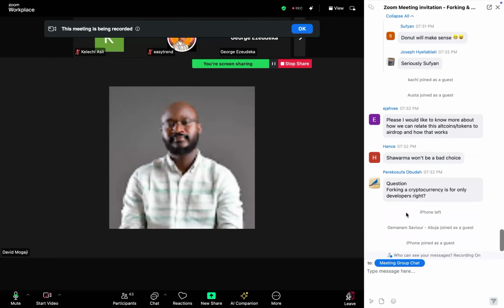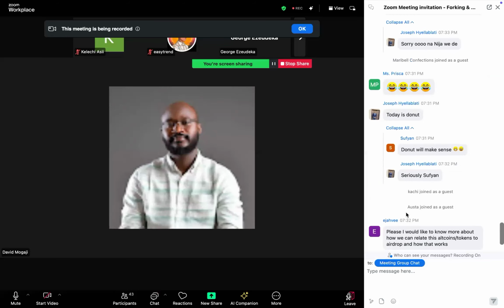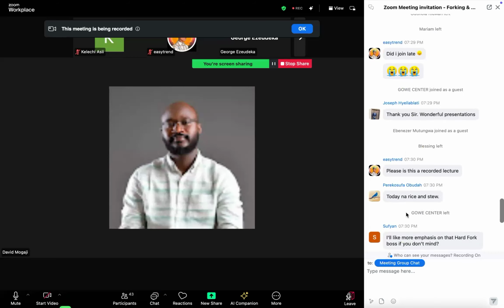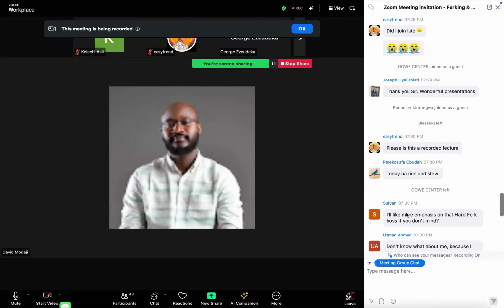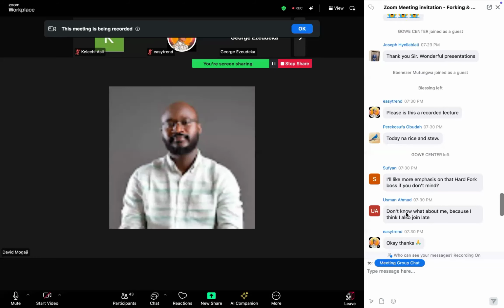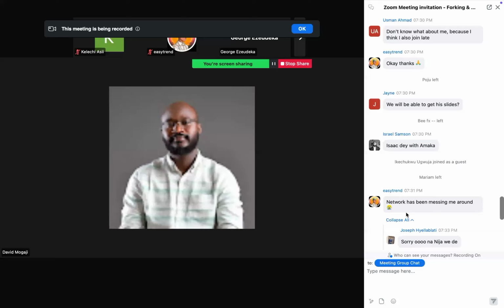I also saw a question about explaining more about hard forks. Like I said, a hard fork is like updating, not updating exactly, but breaking out of a particular cryptocurrency.